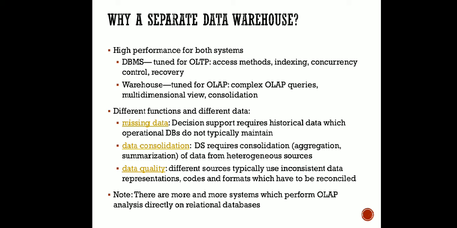Because we know that this data warehouse, or rather OLAP, works on the principle of integrating data received from different sources. So the data that OLAP or the warehouse receives from different sources is definitely going to vary in different manners, right? So it is going to be heterogeneous. That's why aggregation and summarization are an essential part.